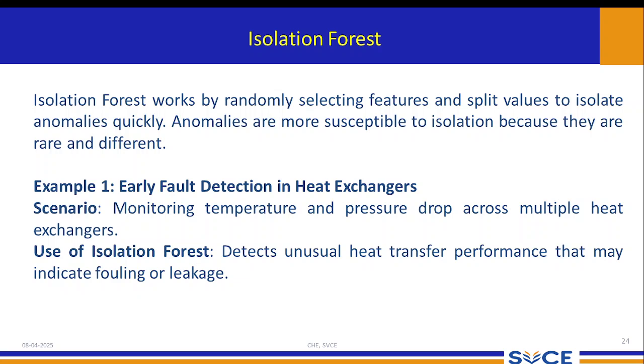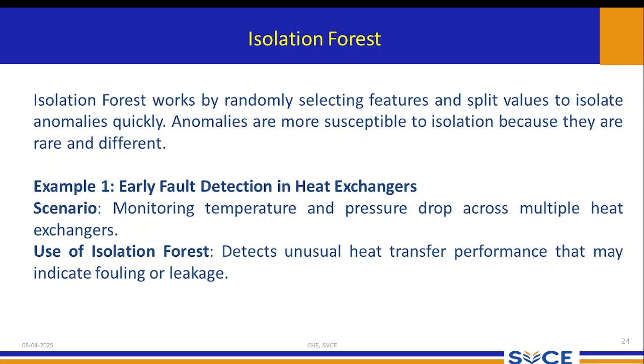An example is early fault detection in heat exchangers. The scenario is monitoring the temperature and pressure drop across multiple heat exchangers. So use isolation forest to detect unusual heat transfer performance that may indicate fouling or leaking.